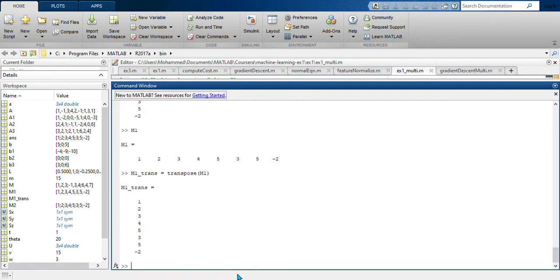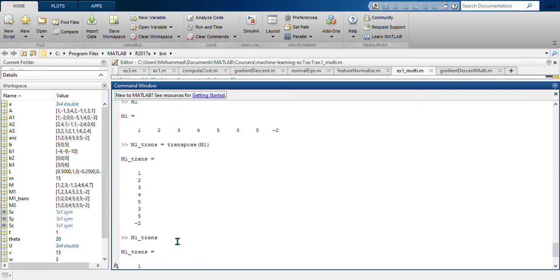You can use any name. It is now stored in that variable, so every time I type m1 underscore trans, it will give me that answer. It is now stored in memory with that variable name called m1 trans.